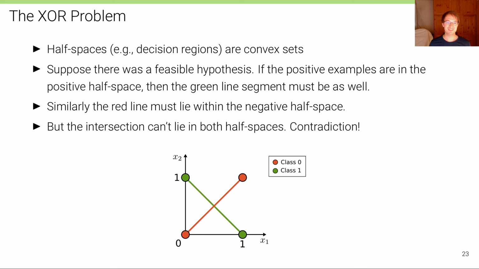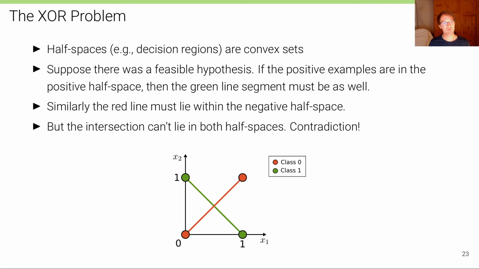But we can already see that this cannot be, because the intersection point, the point where the red and the green line intersect, cannot lie in both half spaces. So here we have our contradiction. We have found a point that supposedly lies in both the space that is classified as class 0 and the space that is classified as class 1.